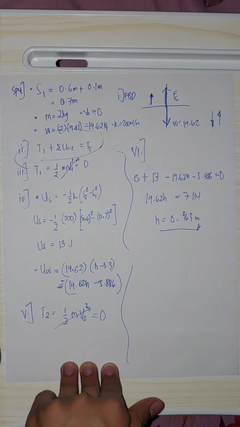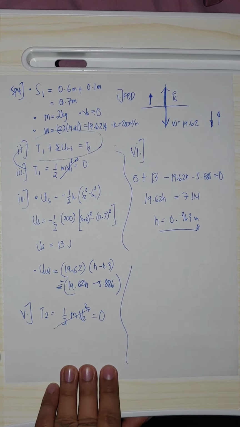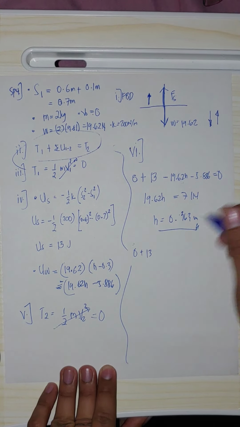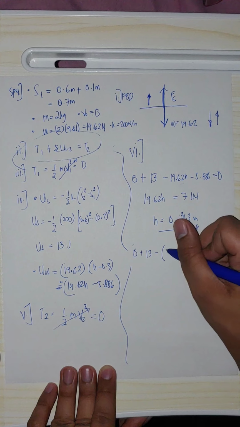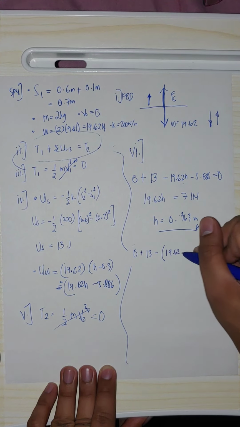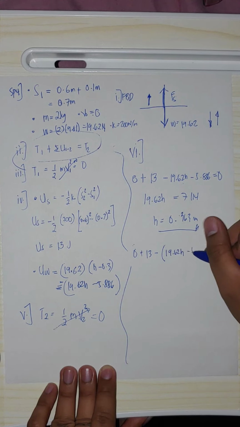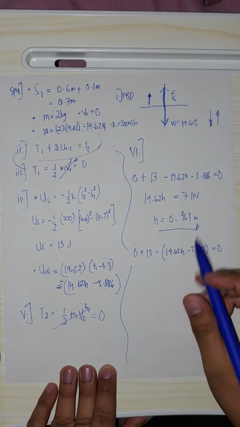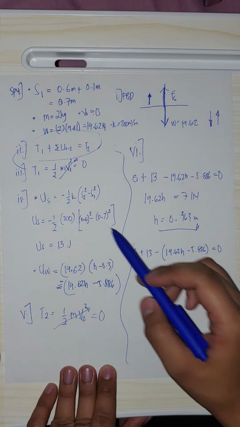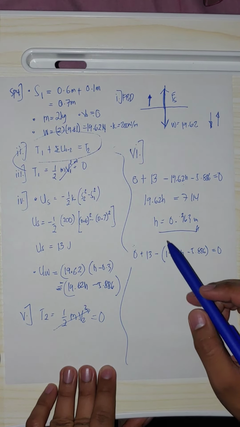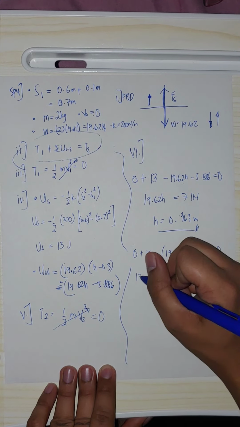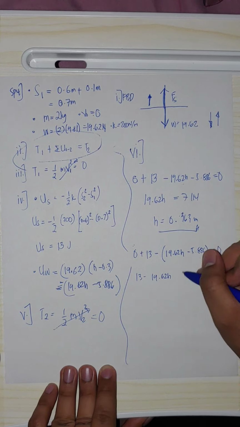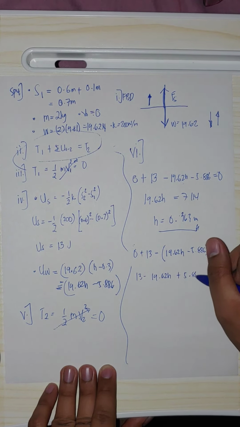If you notice, the weight has a big effect. So we write the whole equation again with the correct sign convention. We have minus the weight, which is minus 19.62 H minus 5.886 is equal to 0. So it is important to note the sign for each convention. So we have here 13 minus 19.62 H, and the negative of a negative is a positive, plus 5.886 is equal to 0.